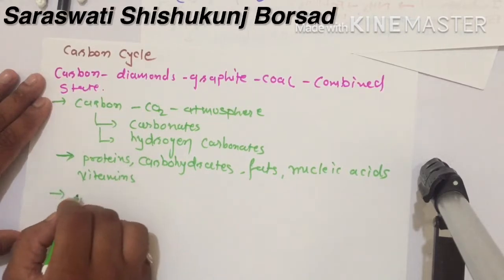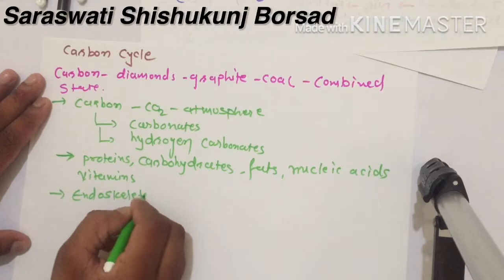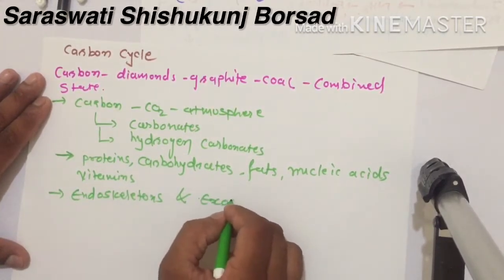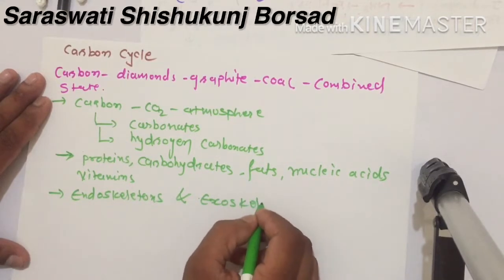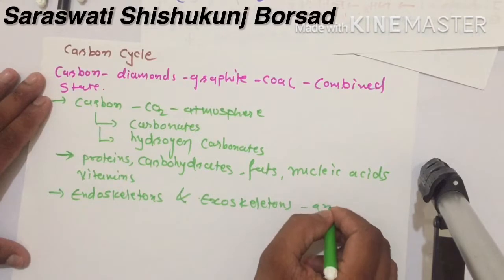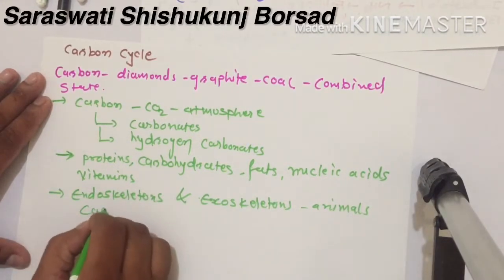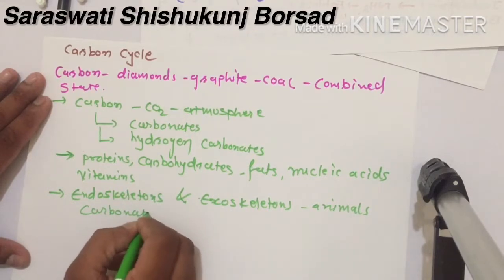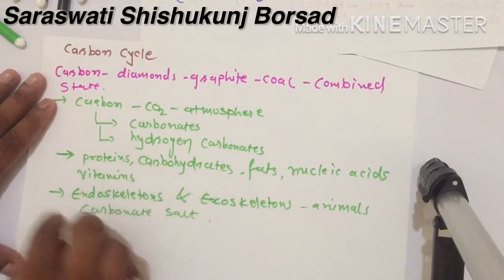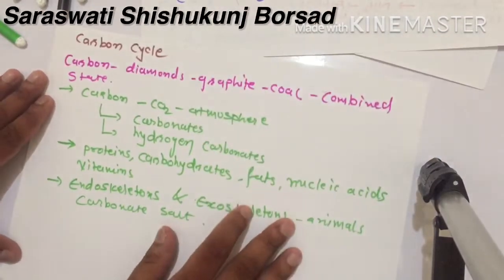Also carbon is present in the endoskeletons and exoskeletons of different animals, which are formed from carbonate salt. Generally this carbon is utilized by the process of photosynthesis.